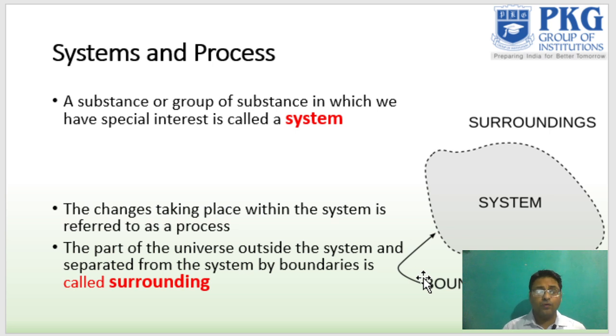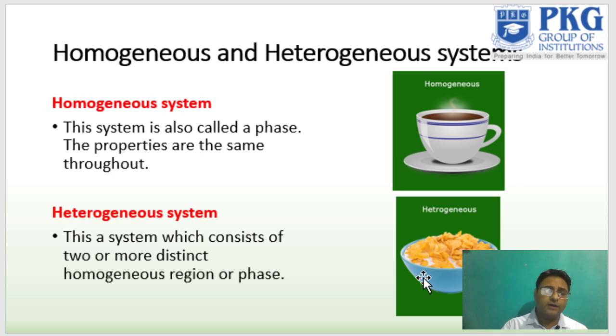And how to define a system and the process, what the surroundings are and how they affect the system, like in the shell and tube example we have given.